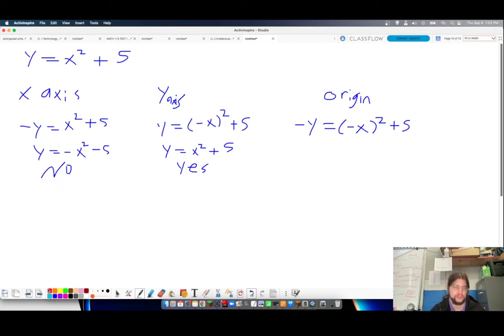Another example. Let's try that. So if I plug in, again, we're going to x-axis, y-axis, origin. For the x-axis, I plug in negative y.